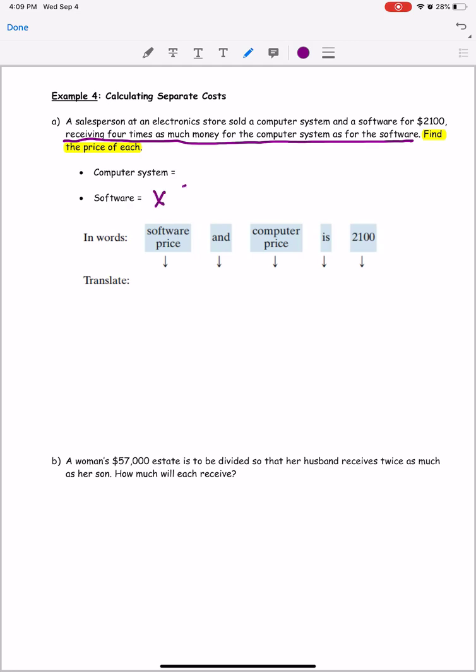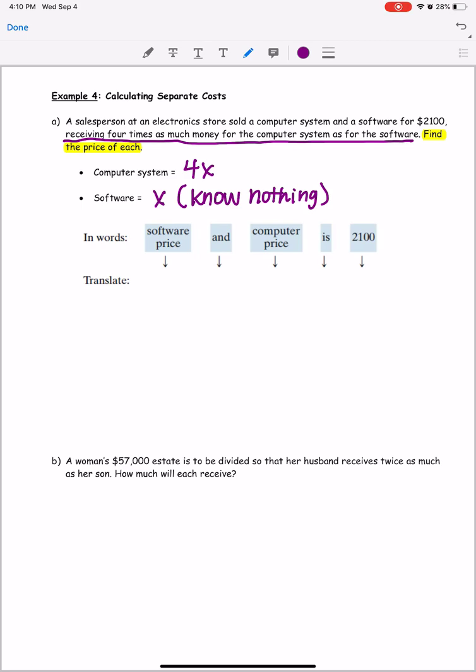That's your X. But what I do know is that we received 4 times as much money for this computer system. So how do I represent that this one is 4 times whatever my software is? That's 4 times X or just 4X.